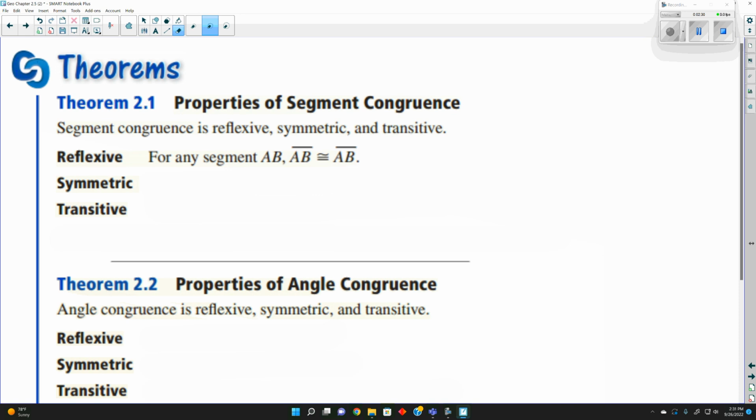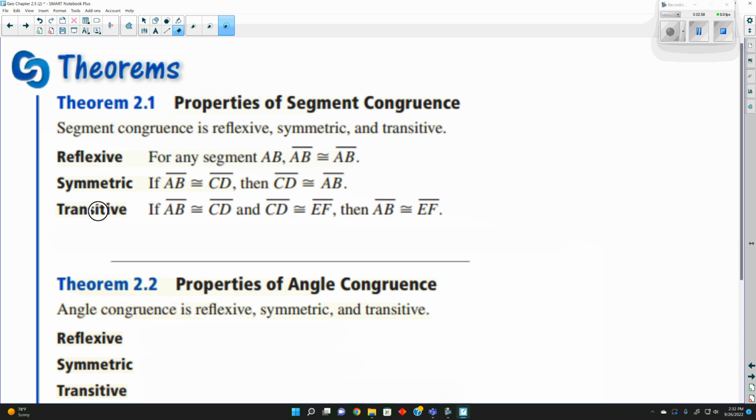It's congruent to itself. For symmetric, we're saying that if segment AB is congruent to segment CD, then segment CD is congruent to segment AB. So now we're talking about the segments themselves, not their measures. We're saying that the segments are congruent, not that the lengths are equal.